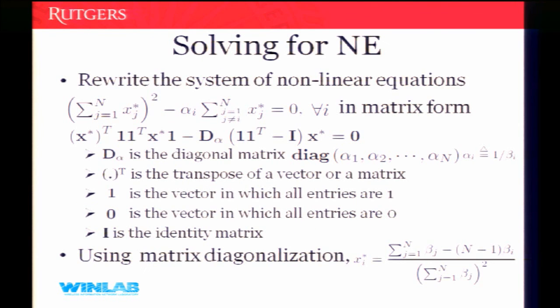I'm skipping the details. The way we solve it is to replace x as p times y, where p is a unitary matrix, and then this can be written as a system of quadratic equations. The last one is only dependent on xn. The last but one is dependent on xn minus 1 and xn, and the first one is dependent on x1 through xn.